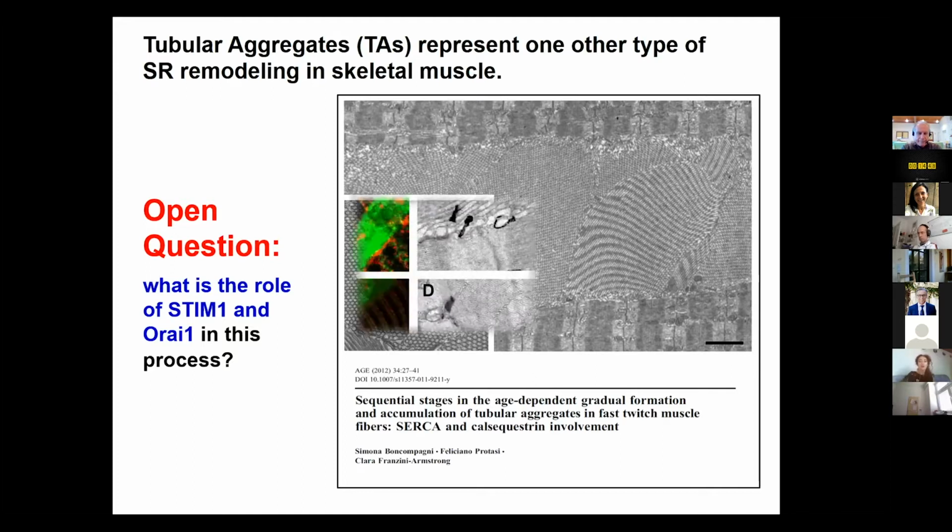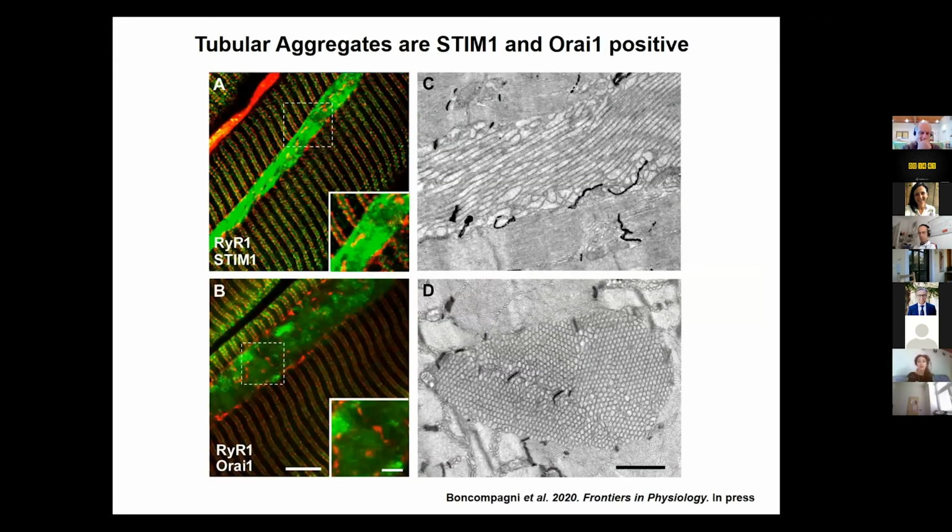Immunofluorescence experiments of EDL fibers from 2-year-old mice, which are rich in TAs, indicated that tubular aggregates stain positive for both STIM1 and Orai1. As you can see in these two panels, A and B, fibers were double labeled with an anti-ryanodine receptor antibody to have a reference mark for the position of triads, which you see in both panels in red.